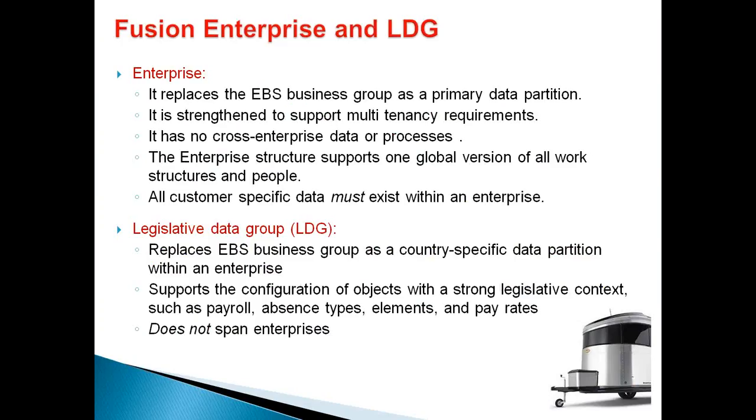That's why it is one enterprise, one customer, so that multiple customers can be on the same environment. No cross-enterprise data or process. Enterprise structure supports one global version of all work structures and people, and all customer-specific data must exist within an enterprise. These are some of the points to keep in mind with respect to the Fusion enterprise.